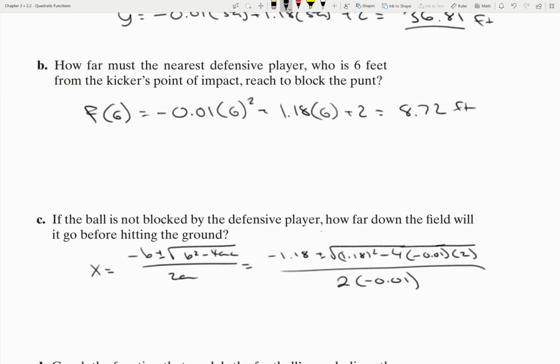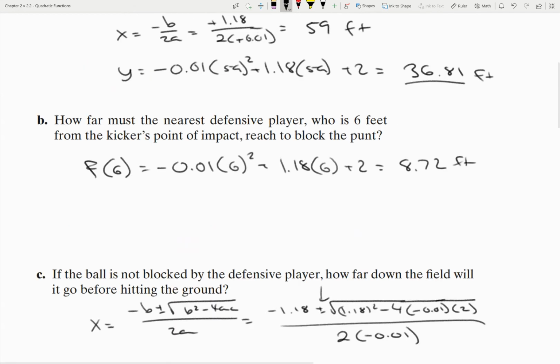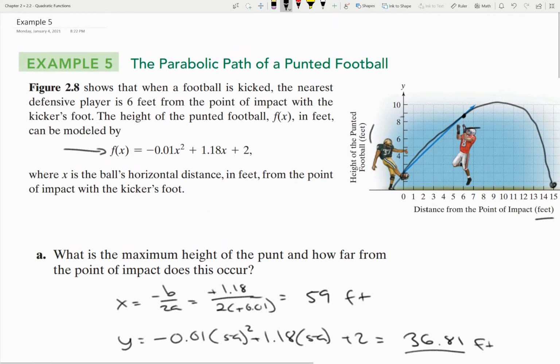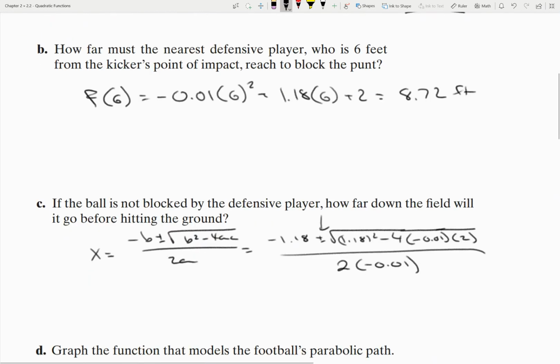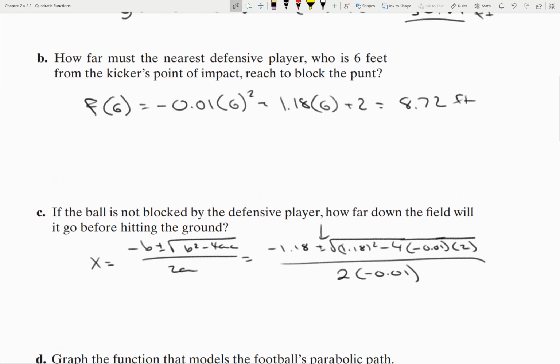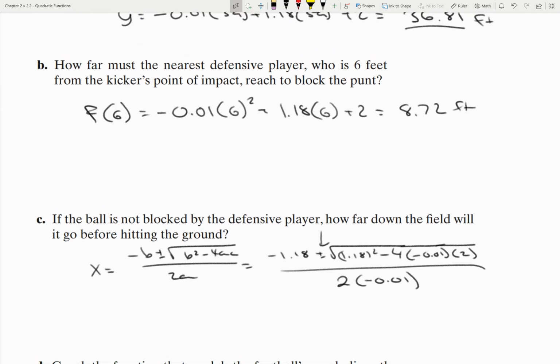Okay, so we're going to get two answers here. One of them, if we look at this graph, is going to be back here. It's going to be negative. So we don't really want that answer, right? Because that doesn't really help us figure out how far it's going to go the other way.